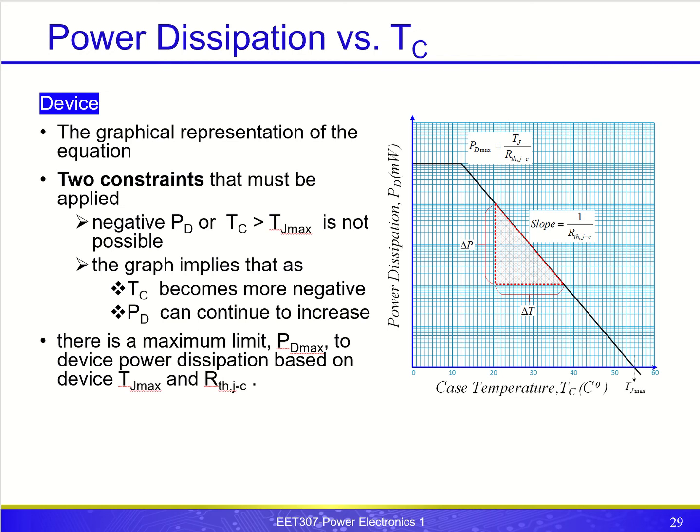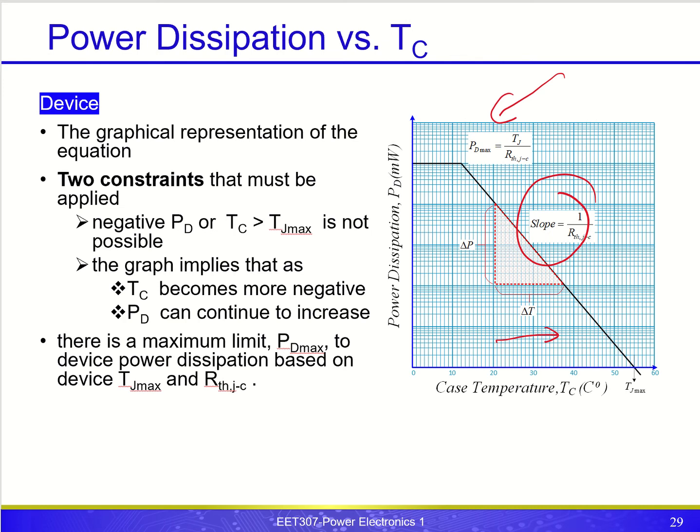The graph implies that as TC becomes higher, the PD continues to decrease. So the power dissipated is reduced if the case temperature is increased. The PD max is TJ over RTH JC, and the slope is 1 over RTH JC.